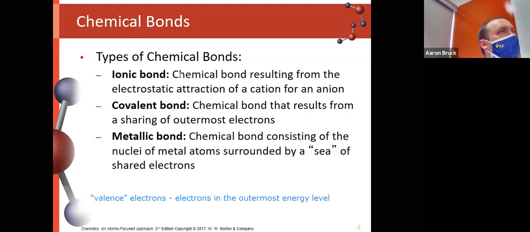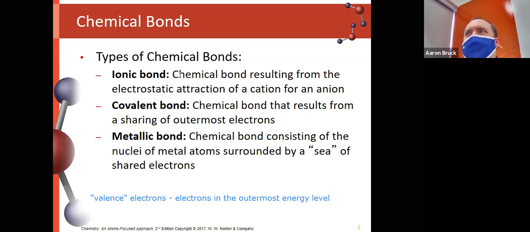Metallic bonds are completely different. In metallic bonds, what we have are valence electrons from the metal basically being donated to a collective pool. Most textbooks refer to this as a sea of electrons. And so what happens is if I have, let's say, a crystal sample that's got 1,000 iron atoms in it, every one of those iron atoms, if I look at the electron configuration of iron, has 2 valence electrons.